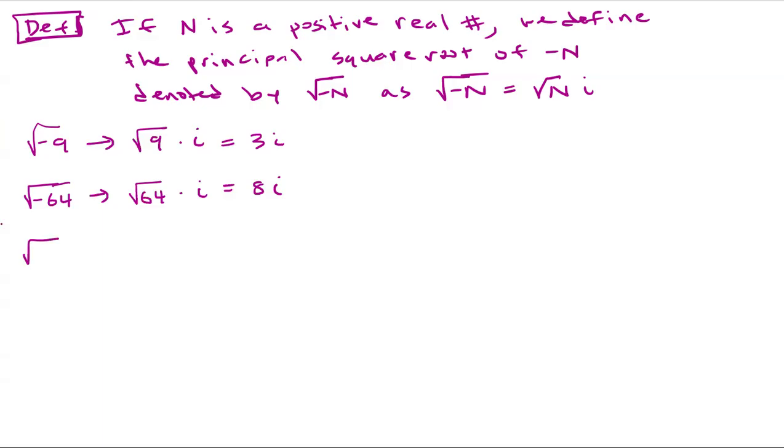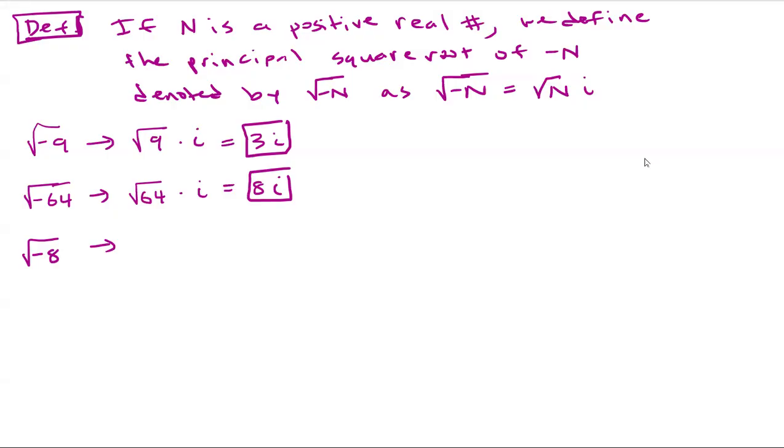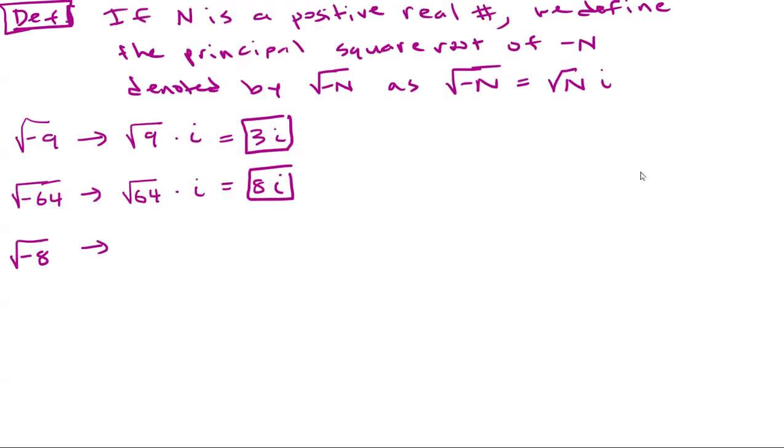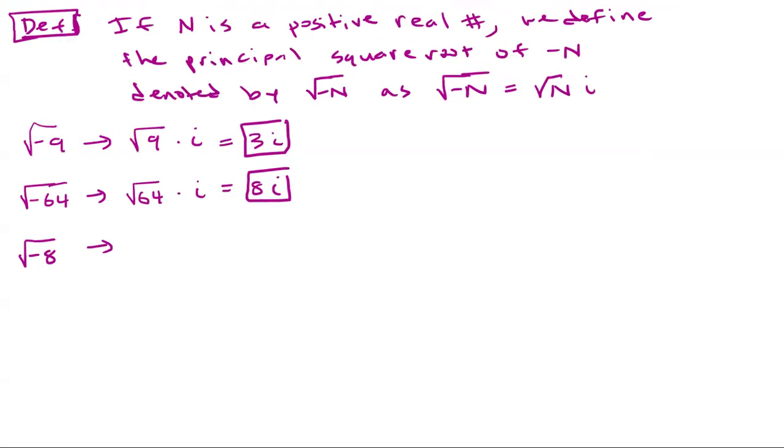So let's say we had the square root of negative 8. If you can simplify it, go ahead. Okay, so based off of this, this becomes radical 8 times i, and I can break down radical 8 as 4 times 2.